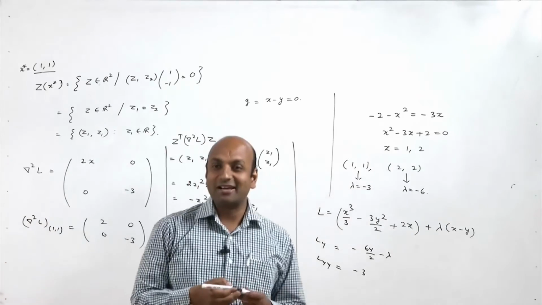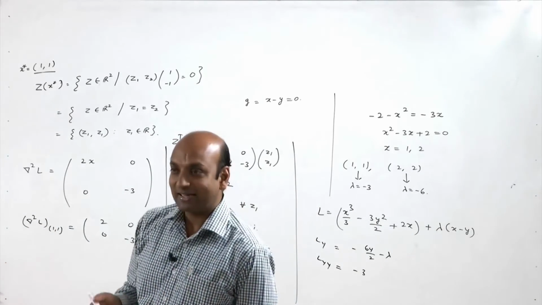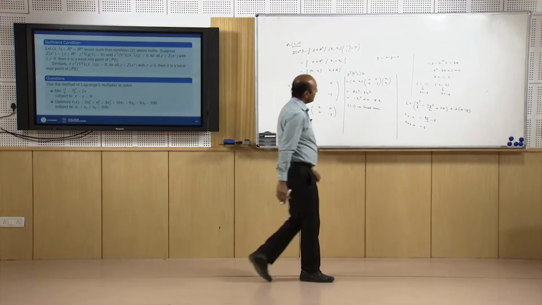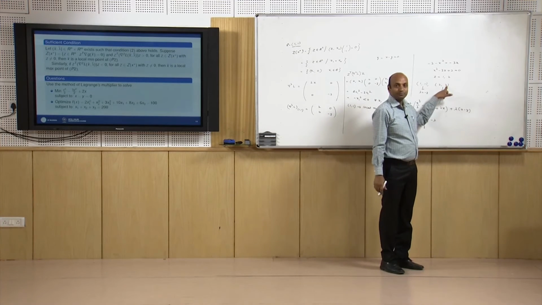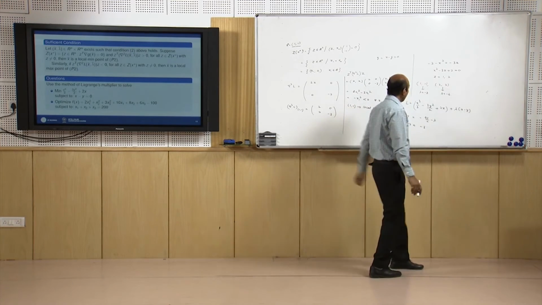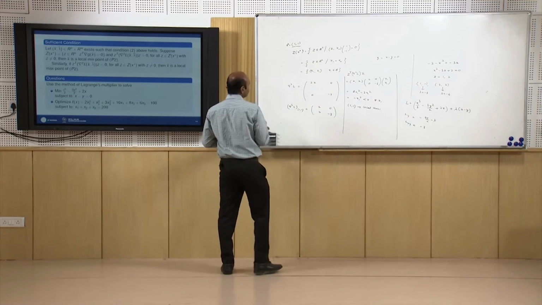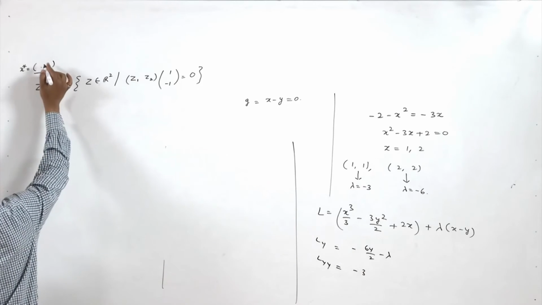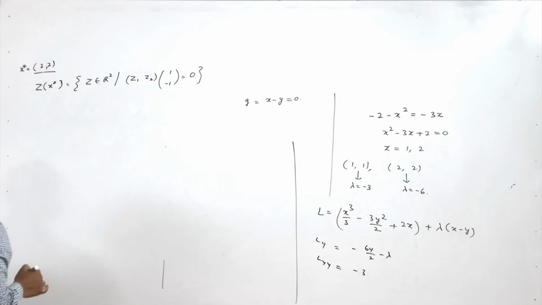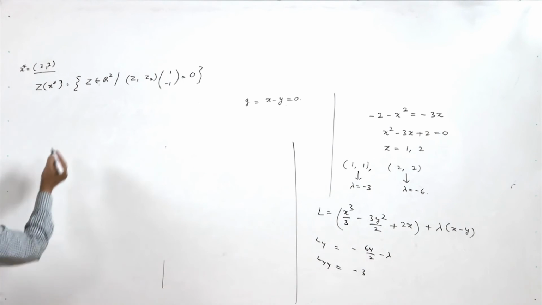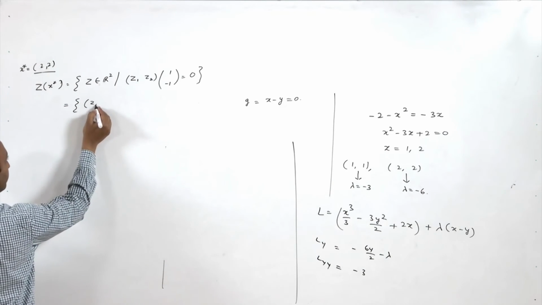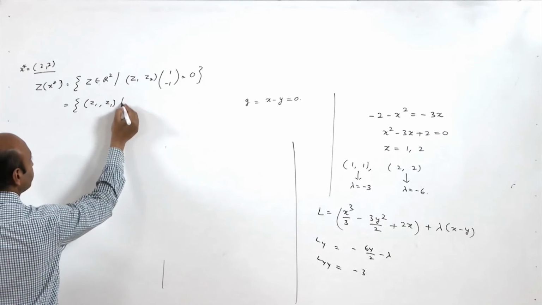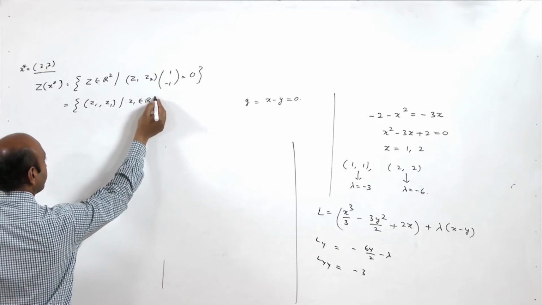So that is how we can check, using the Lagrange function, whether a point is a point of local maxima or local minima. Similarly we will check for 2 comma 2 also. When you take 2 comma 2, what will be capital Z? It will remain the same.